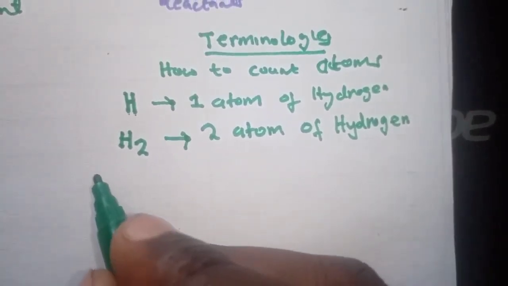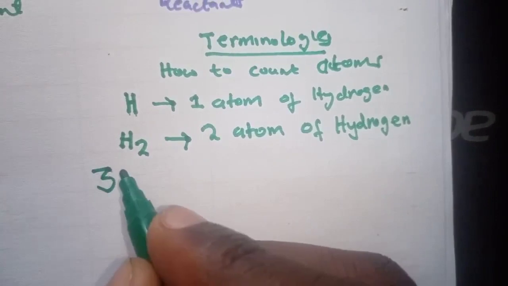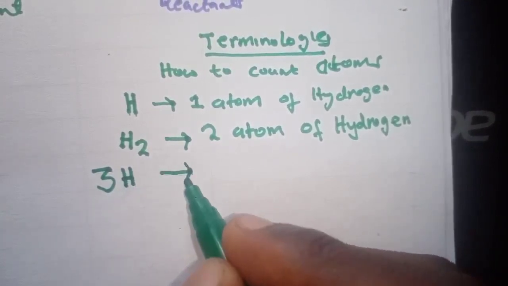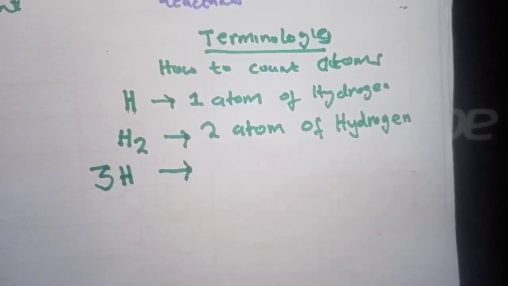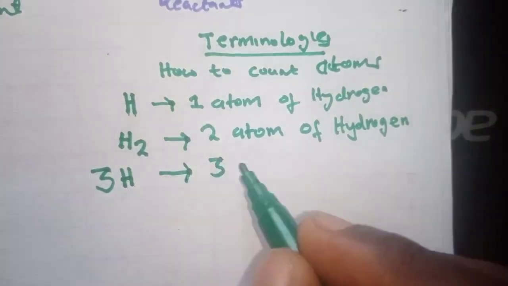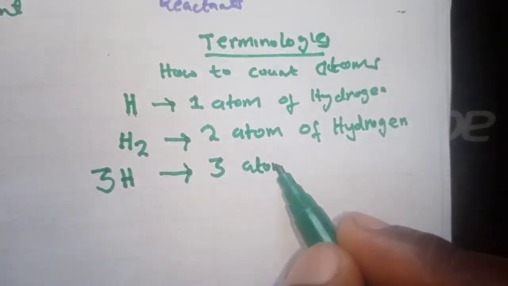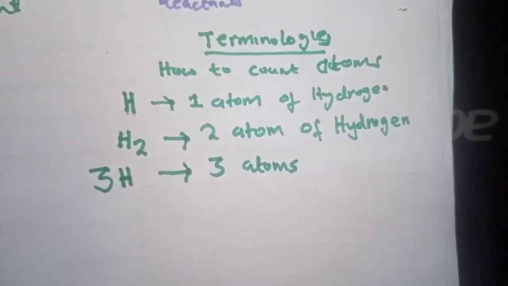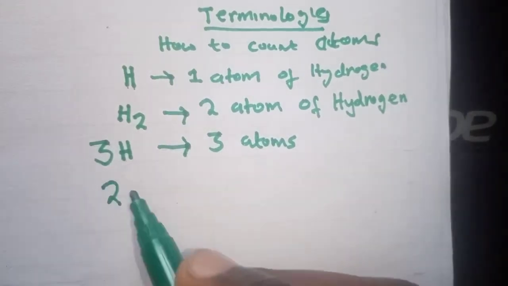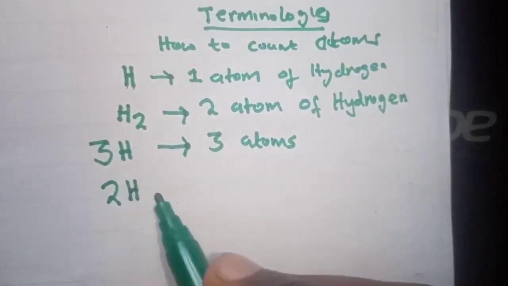Then if I write a coefficient like this, the number of atoms here, we are going to say there are 3 atoms of hydrogen. Let's say I write a coefficient 2, H, and a 2 down.